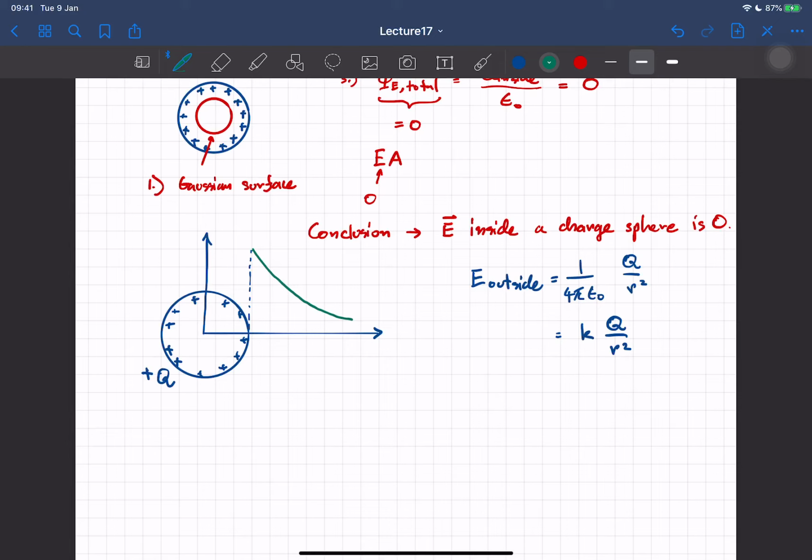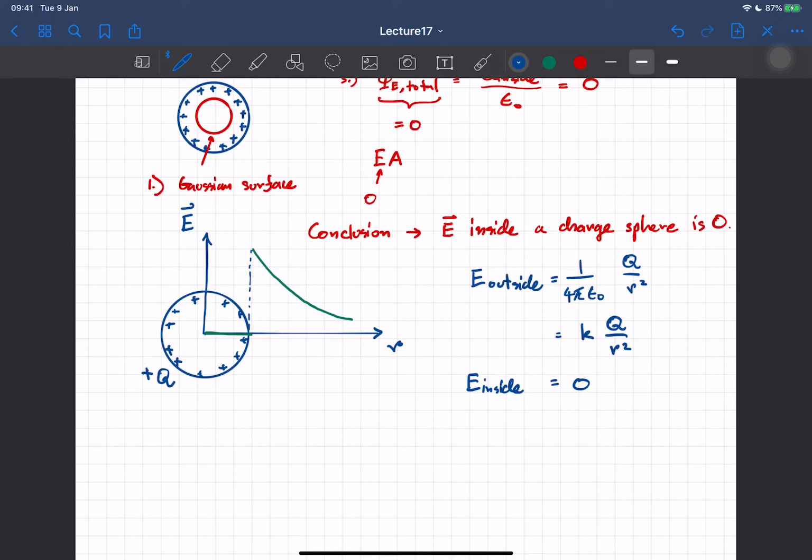But for electric field inside, E inside is going to be equal to 0, because of what we just did earlier. So if you plot the electric field, it's going to look like this: 0 inside until you reach the surface.